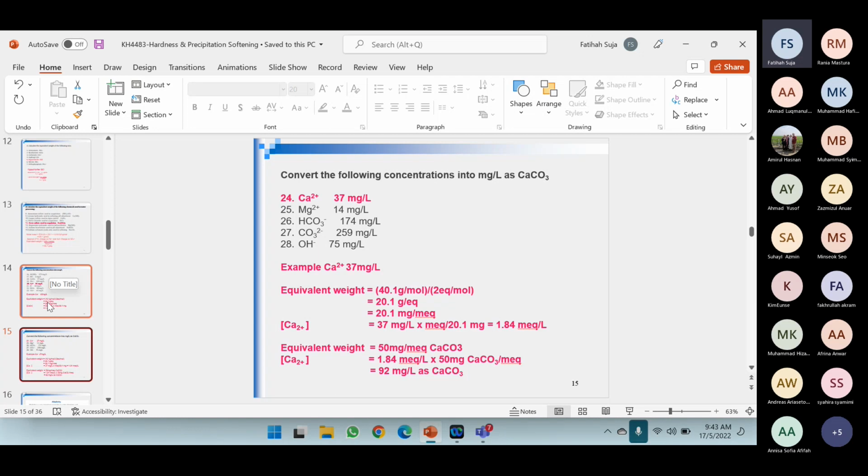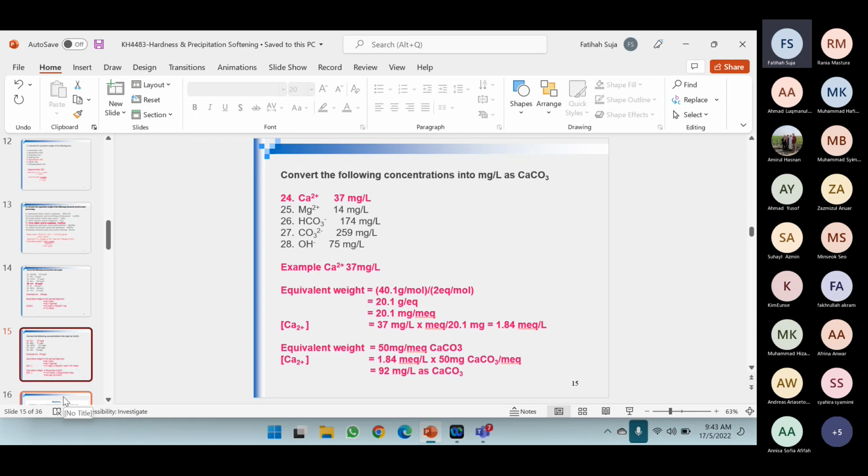So I will put this quiz in the UKM folio, and I will open when you are ready. I just want to know when you want to have your quiz, because I want you to be familiar with all this conversion of hardness.